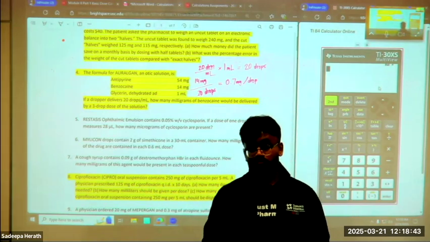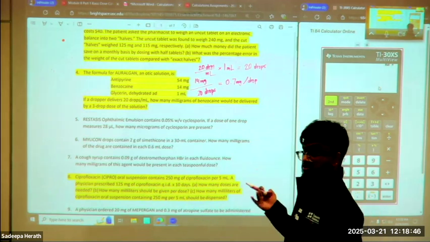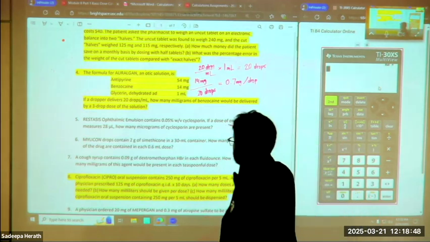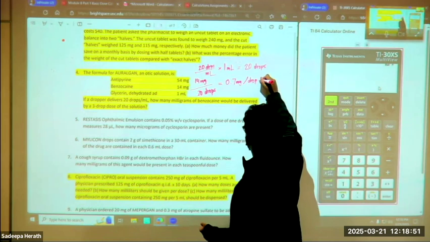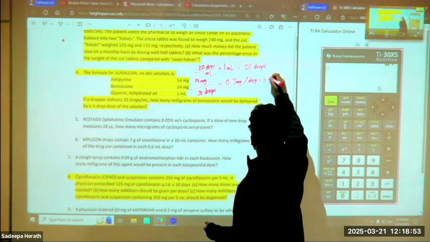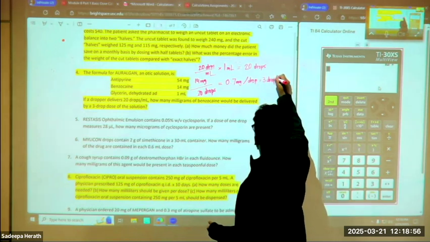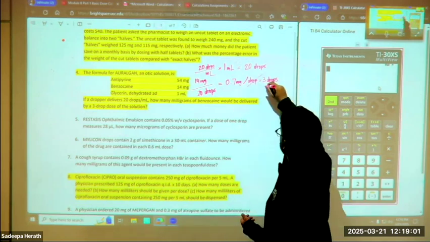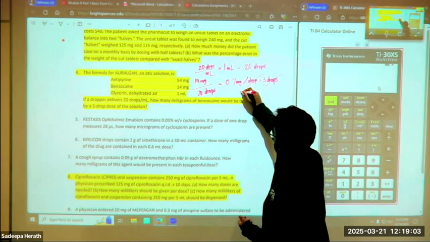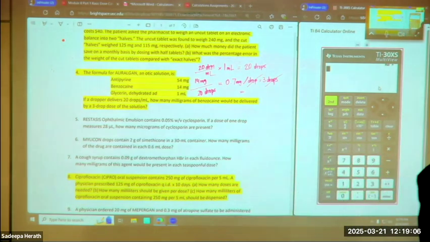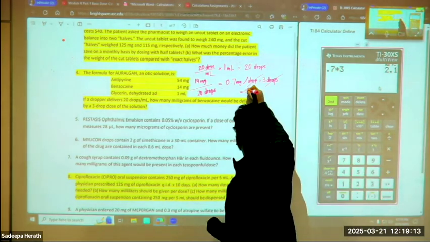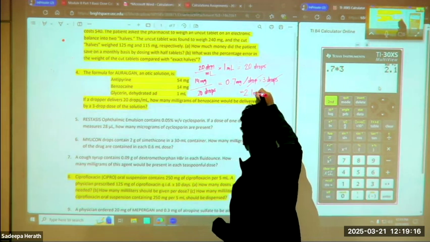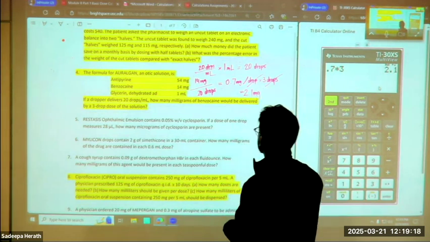0.7 milligram per drop. Now we need to find out how much benzocaine is in 3 drops. Just multiply by 3 drops. If you want to think dimensionally, this cancels out with this, and you're left with the amount of the drug. 0.7 times 3, just to show you guys, is 2.1.